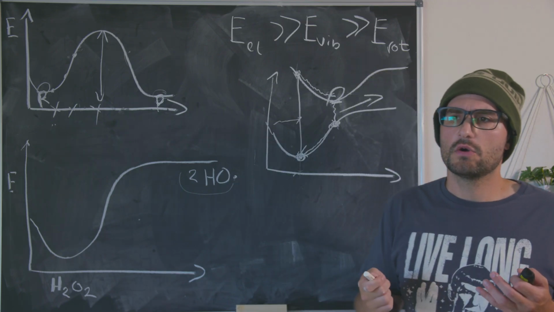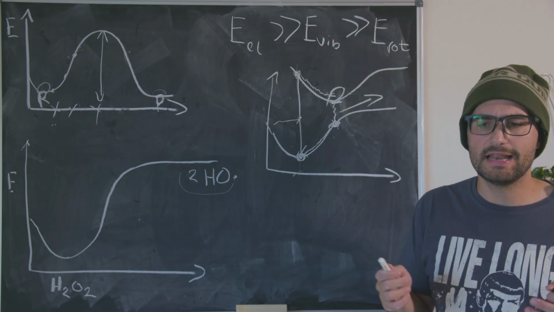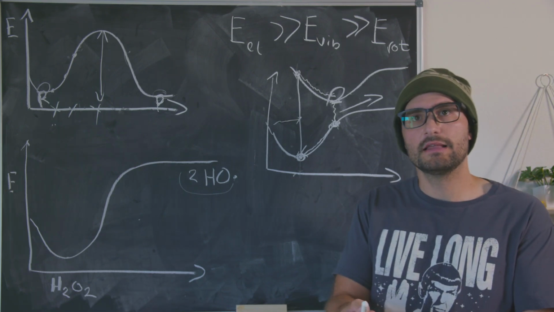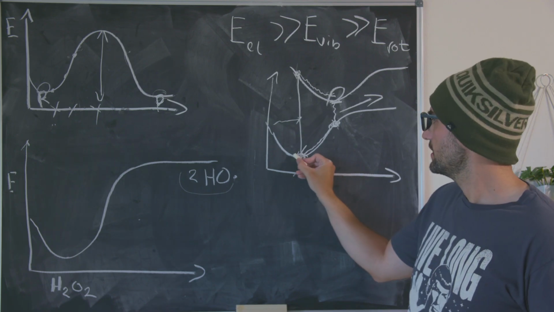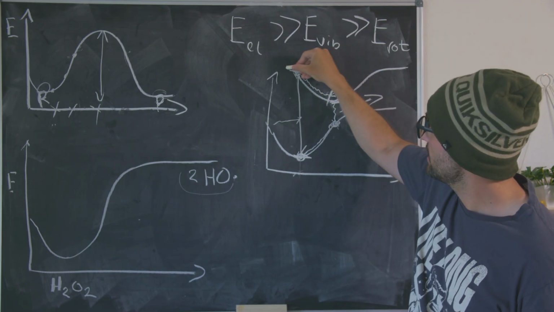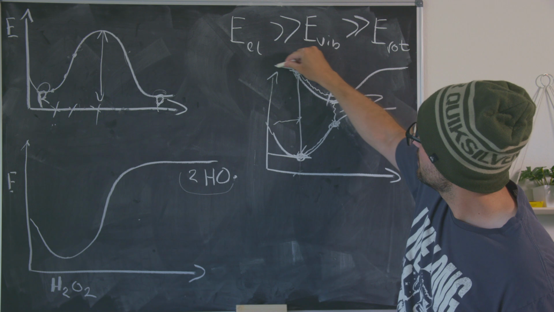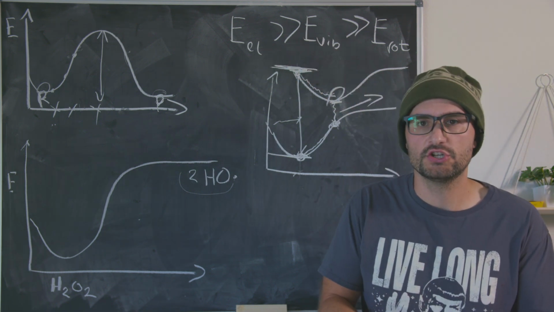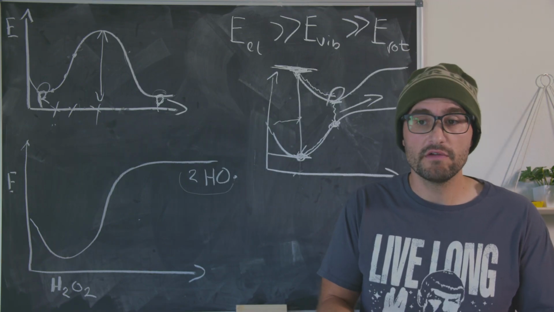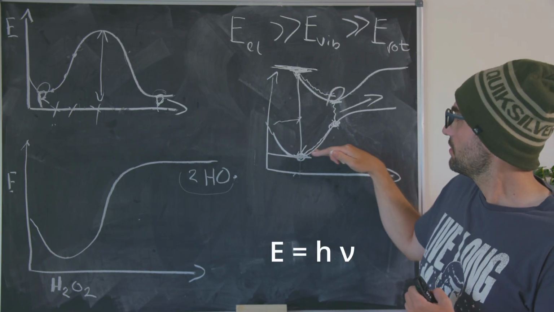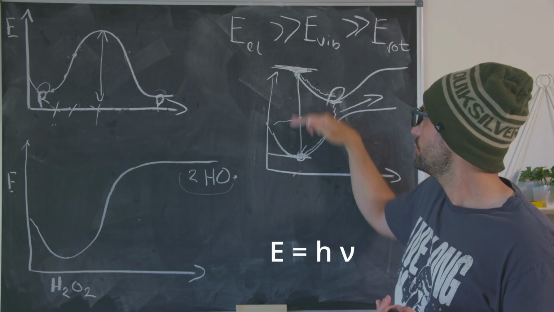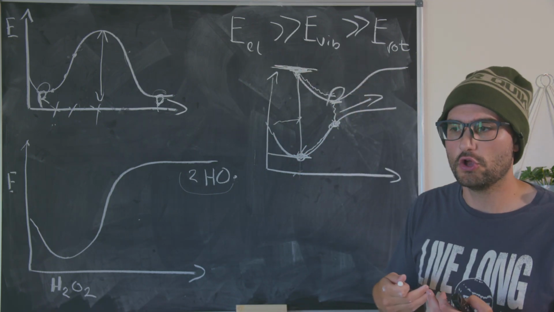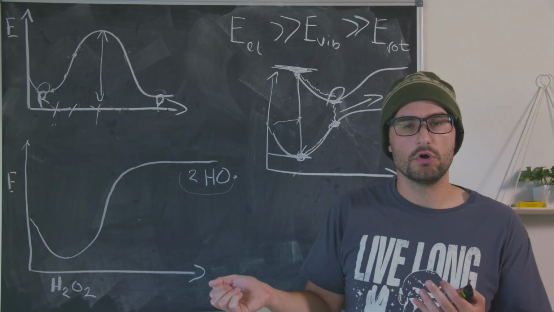We said that we excite a molecule, or even an atom, but in case we're dealing with a molecule, by absorbing light, and the energy of light that it needs to absorb is usually the difference in energy between these two points. And the y-axis is the energy. Because we express the energy of light by wavelength, if you've calculated this energy difference and you know the energy, you can convert that into wavelength, and you'll know what wavelength of light this molecule absorbed.